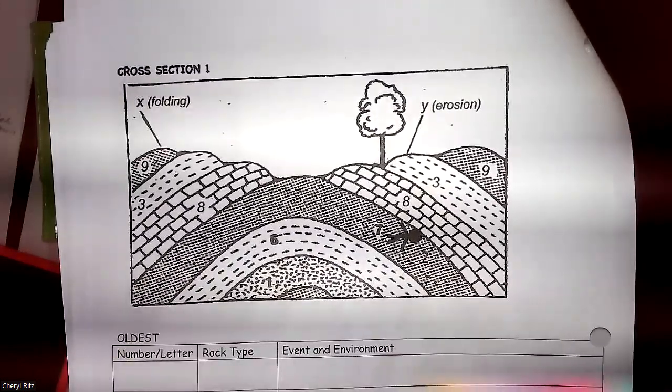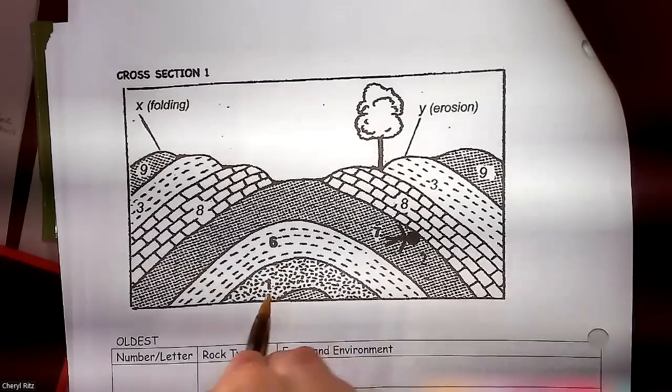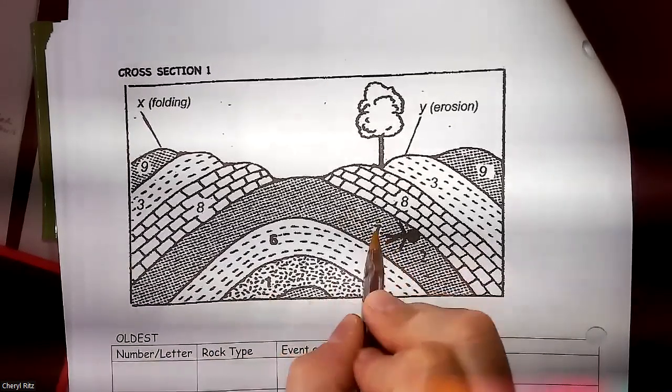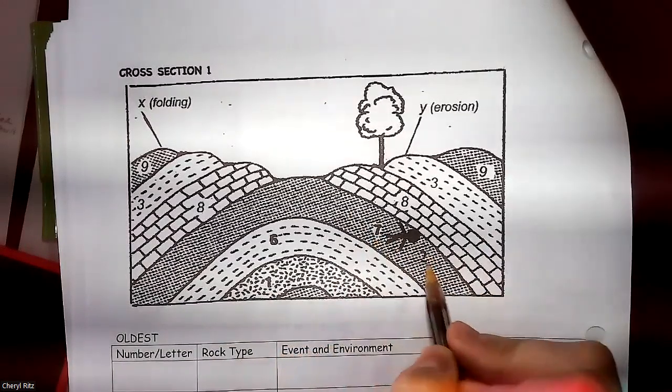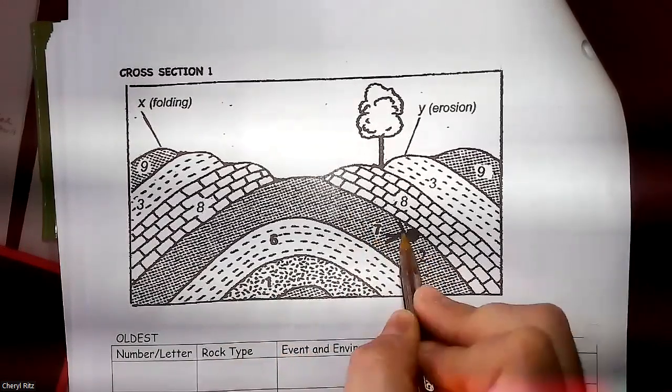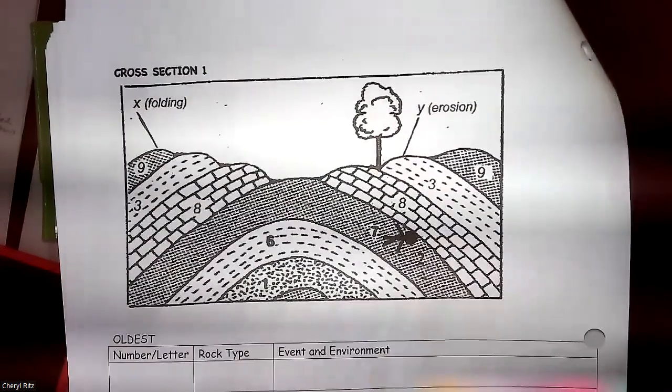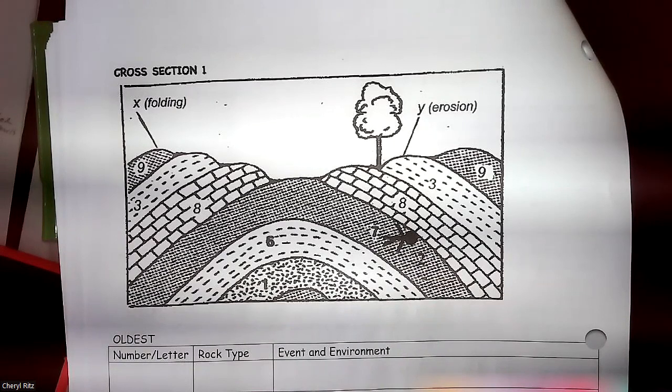Just give me the number or letter on this one page. Oldest to youngest. This, by the way, is a number 1. The 7 goes with the polka dot layer. The 2 is the dead body. So I do want you to include the dead body. There is a perfect number of blanks.